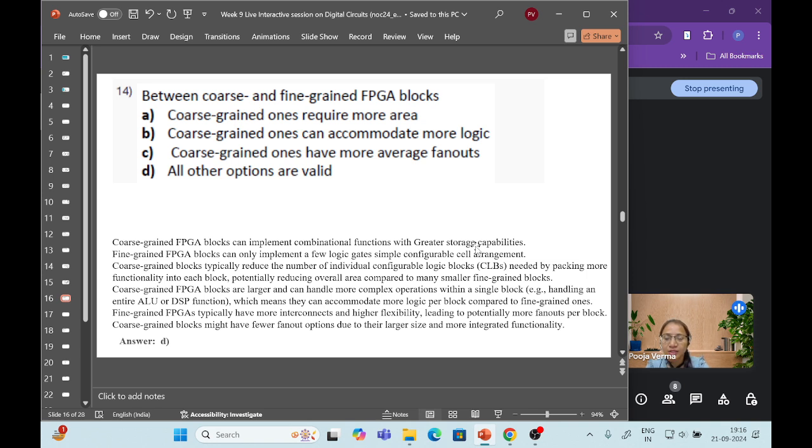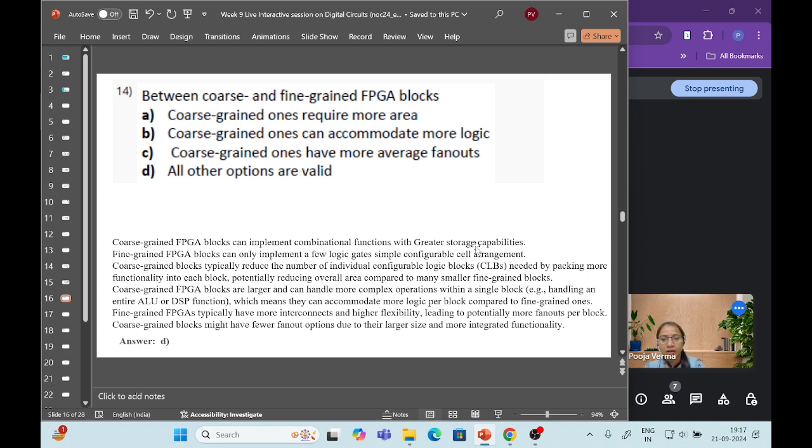So here first we can see what is a coarse grained FPGA block and a fine grained FPGA block. Coarse grained FPGA blocks are implemented by combinational functions with greater storage capacity or capabilities, while the fine-grained FPGA blocks can only implement a few logic gates, simple configurable cell arrangements.